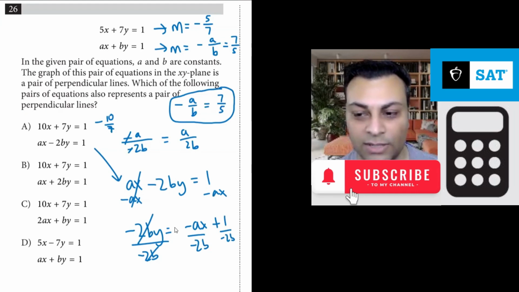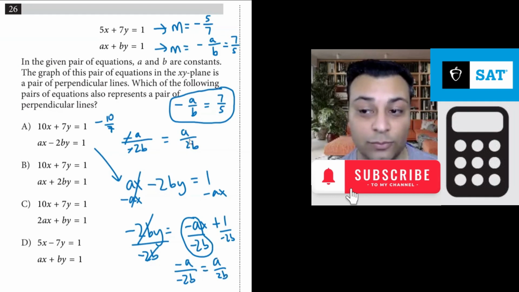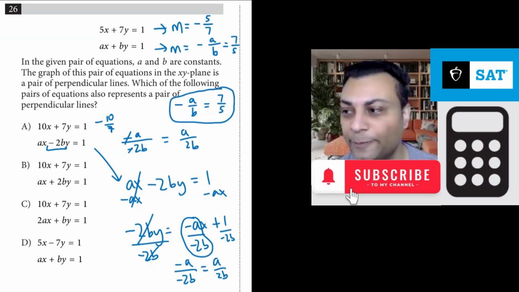It's just a y-intercept. And you see the slope is negative a over negative 2b, which simplifies to a over 2b without the negatives. So a over 2b. Okay. So it's basically subtract this term and divide by the coefficient of the y term. So you get minus a over negative 2b.